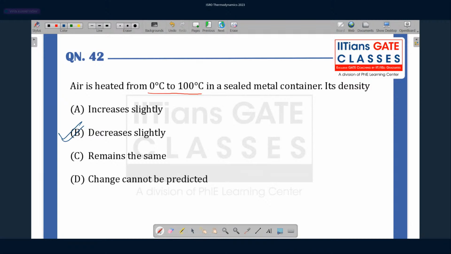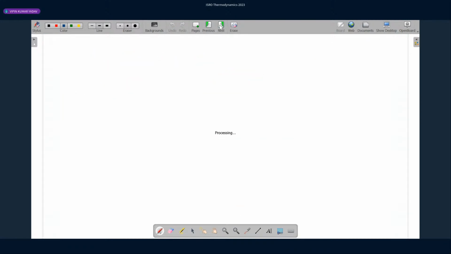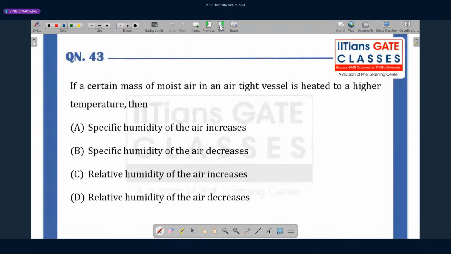Okay, now next question. If a certain mass of moist air in an airtight vessel, very important to know, it is an airtight vessel, is heated to a higher temperature. So temperature is increasing.